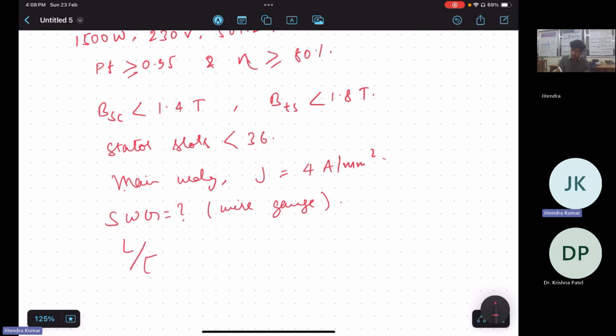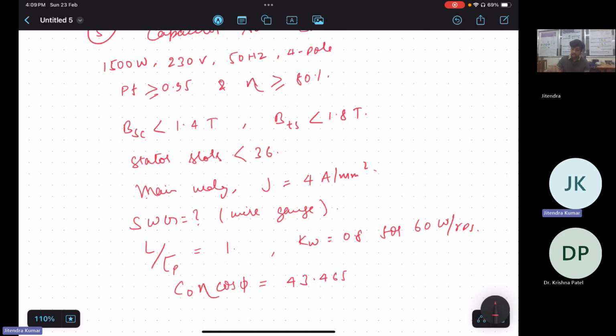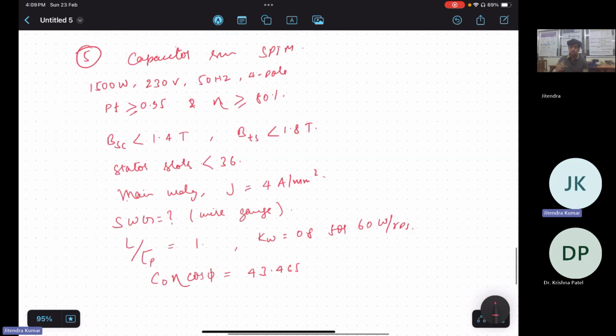L by pole pitch is given as 1. Winding factor is given as 0.84. 60 watt per RPS. Now C naught N cos phi is given as 43.465. So this is all the data you are provided with.